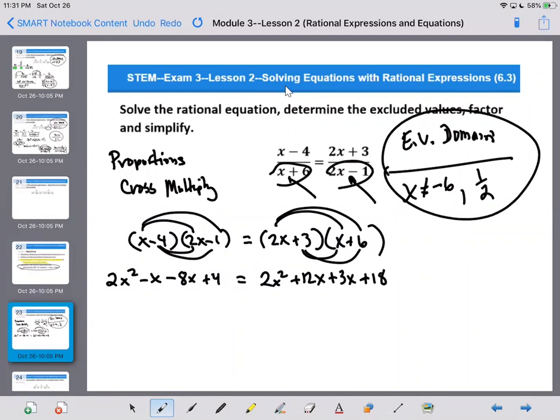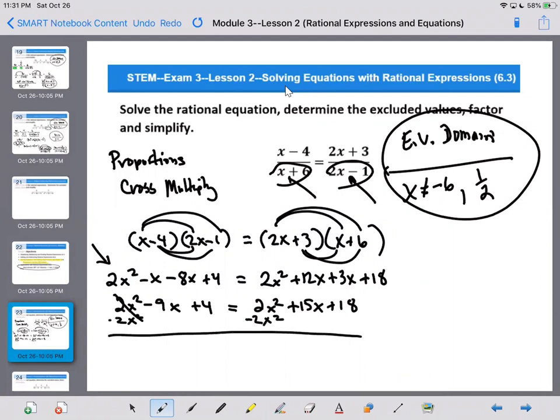So I'm going to come back here and begin looking at like terms. So that'll be 2x squared minus 9x plus 4, and then 2x squared plus 15x plus 18. So I'm just combining like terms. And then I want to get my variables on one side, but if I subtract my 2x squared from both sides, notice what happens.